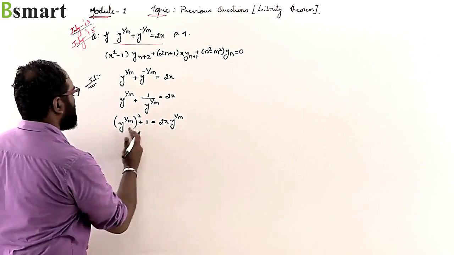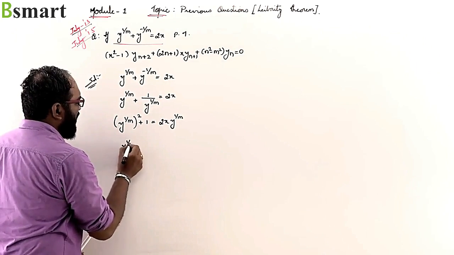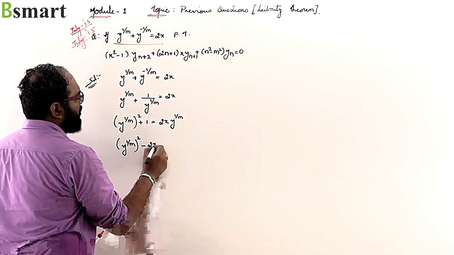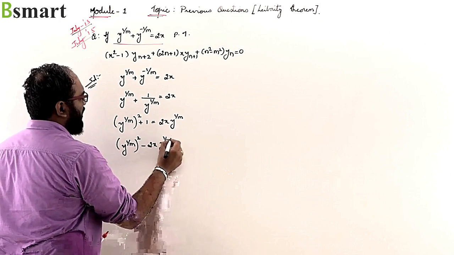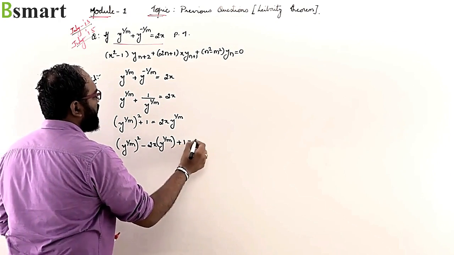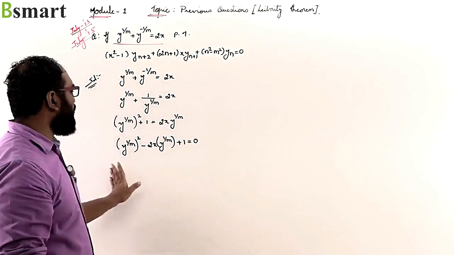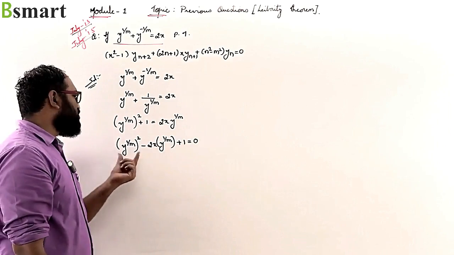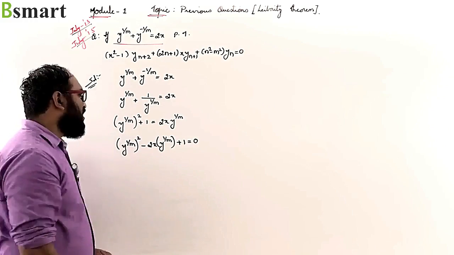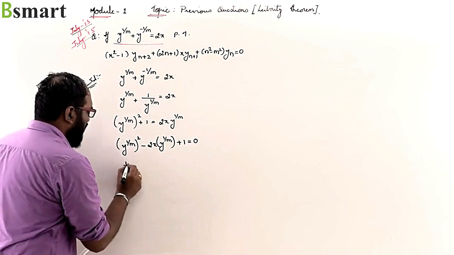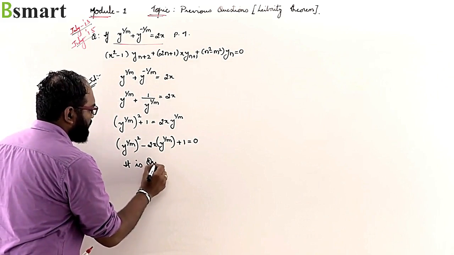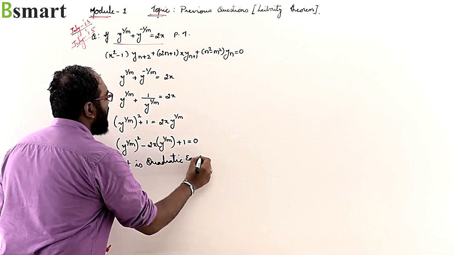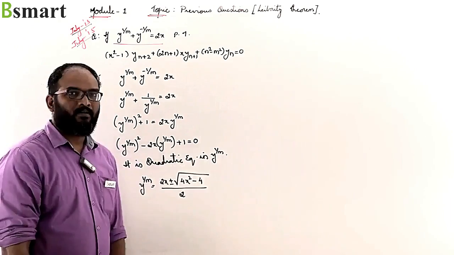So bringing it here, (y to the power 1 by m) whole square minus 2x into y to the power 1 by m plus 1 is equal to 0. Now if we look into this, it is a quadratic equation in y to the power 1 by m.